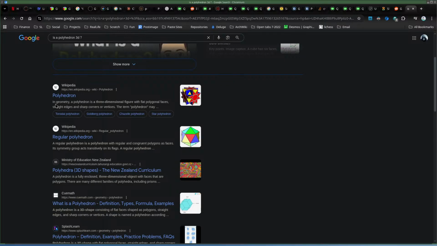A polyhedron is a 3-dimensional figure with flat polygon faces, straight edges and sharp corners or vertices. Very good. Now we have the naming right, but the word polyhedron can only be used for the 3D case. And I want to rather just talk about it in the most general sense of n dimensions.